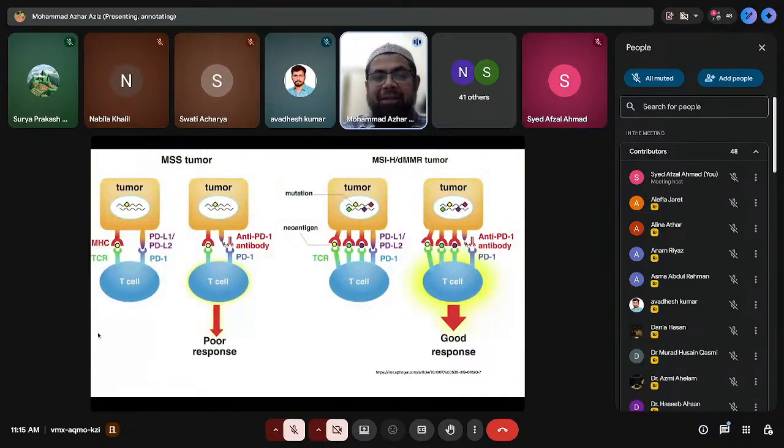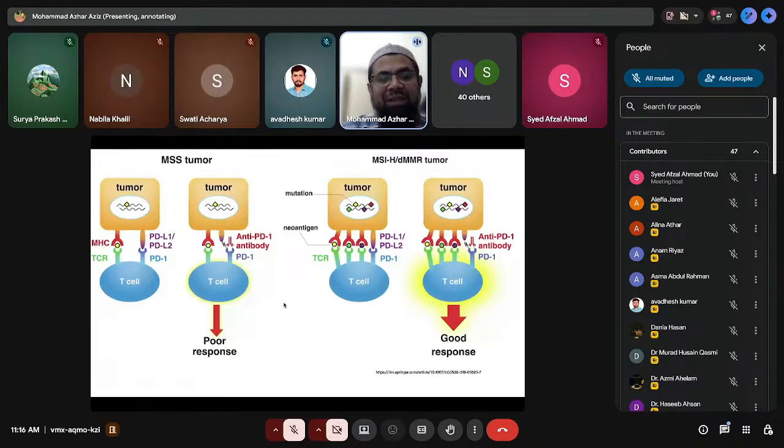Another example here is the microsatellite stable tumor and microsatellite unstable tumors, which are deficient in DNA repair, which is mismatch repair here. If the tumor is microsatellite stable, then it is not expressing a lot of new antigens.